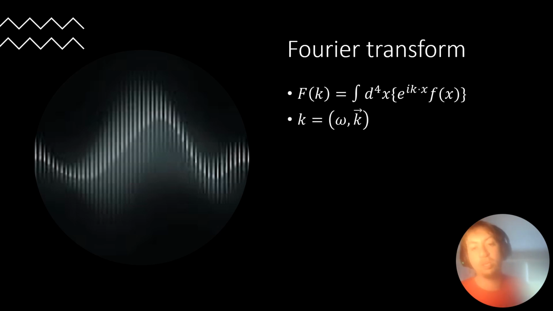And it's worth saying with the top equation here, for the four-dimensional version of wave number, I've just called that k, and k by definition is equal to the frequency of the wave in time, sometimes called the angular frequency, as the time component, and then the space components are the usual wave vector, which is a three-dimensional version of the wave number, which is related to the wavelength of the wave in position space.